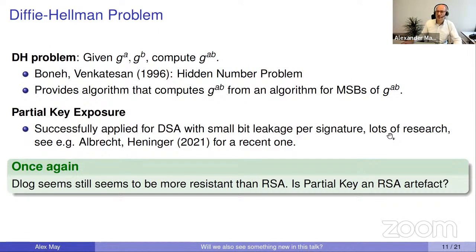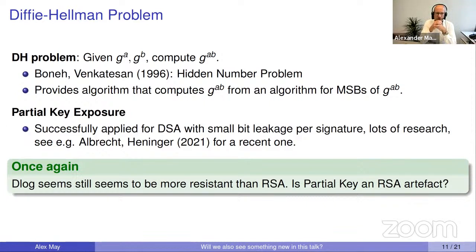There's lots of research, especially in the security area, but also in the cryptographic area. A recent paper would be Albrecht and Heninger on this problem, but there are many papers on this. But once again, discrete log seems to be still way more resistant than RSA.